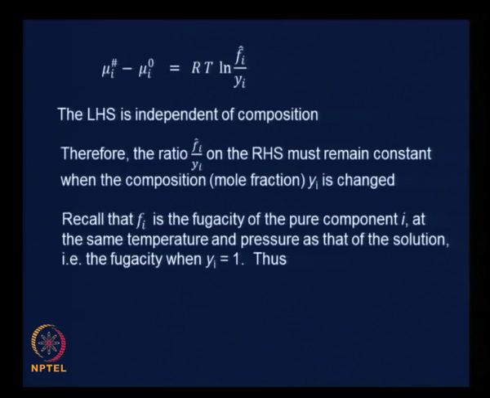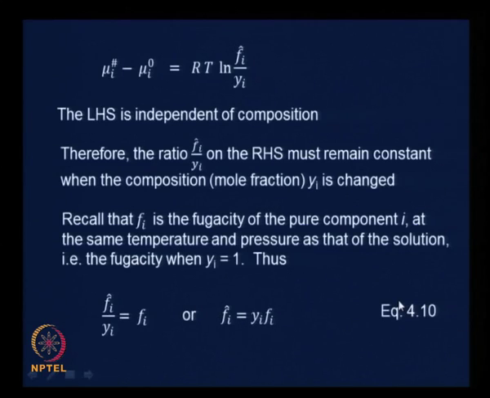Now Fi can be considered as Fi hat when yi becomes 1. Now you know where I am getting at. Therefore Fi hat by yi is nothing but Fi by 1, which I have written as Fi, or Fi hat equals yi into Fi directly by transposing this equation. We will call this equation 4.10.